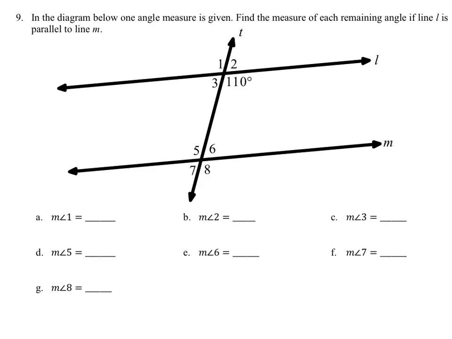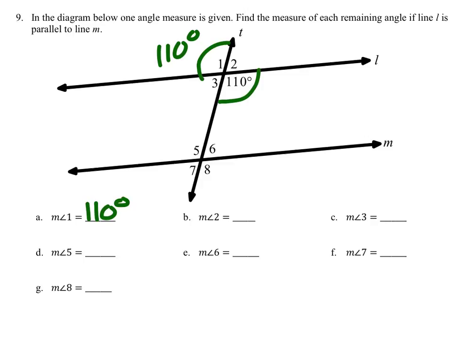That's nice. In the diagram below, one angle measure is given, which is all we need to find all of the other 7 angle measures. Find the measure of each remaining angle if line L is parallel to line M. But we do need to know that line L is parallel to line M, so it's good that they said that. So to start us off, I know that this angle, radical, is 110 degrees, and automatically the vertical angle is going to be congruent to it, so angle 1 is also 110 degrees.